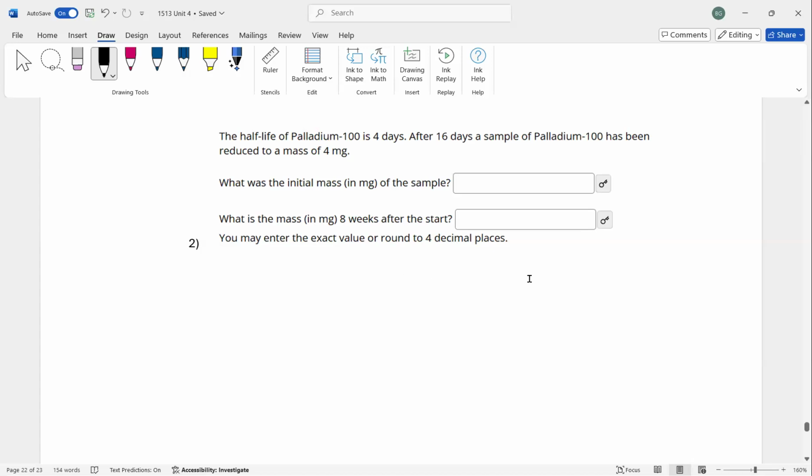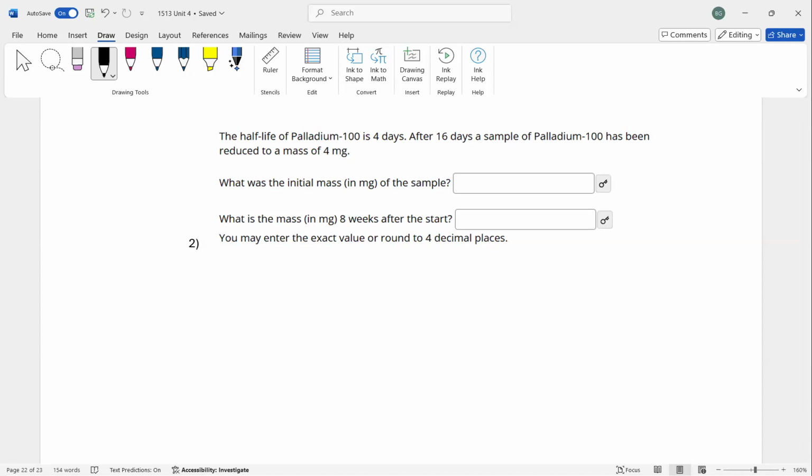Similar, right? It's also a decay problem, an exponential decay problem. The half-life is 4 days. After 16 days, let's just use the meaning of the half-life to figure out the first part of the problem.